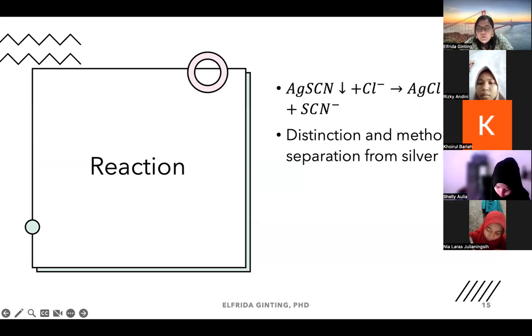That's why we see a silver chloride precipitate, and we have thiocyanate ion in the solution, right? So you can use this method to separate thiocyanate and silver halide.